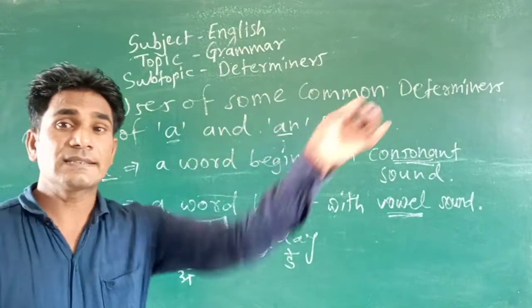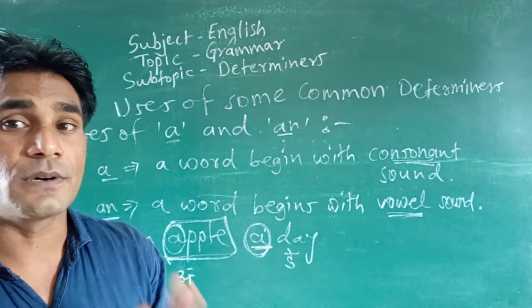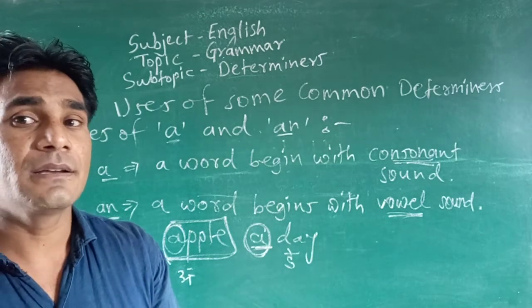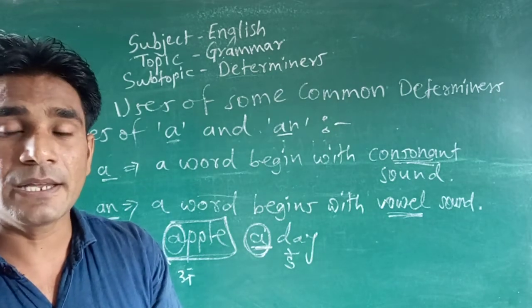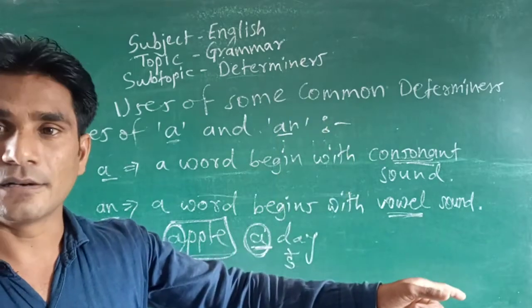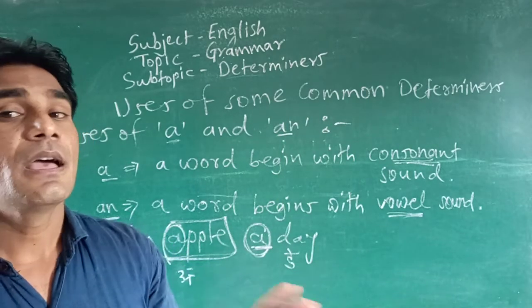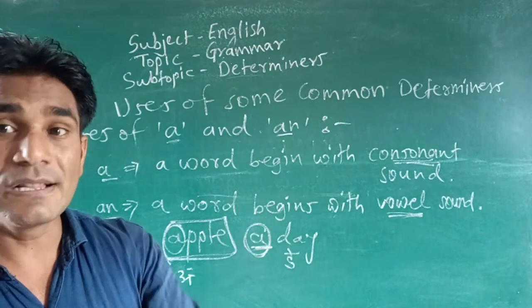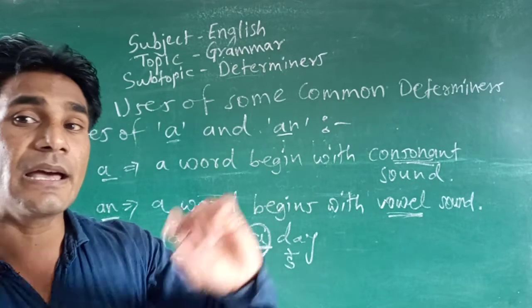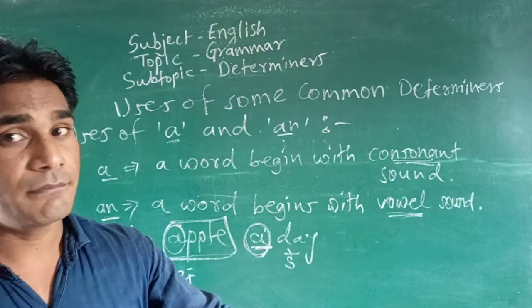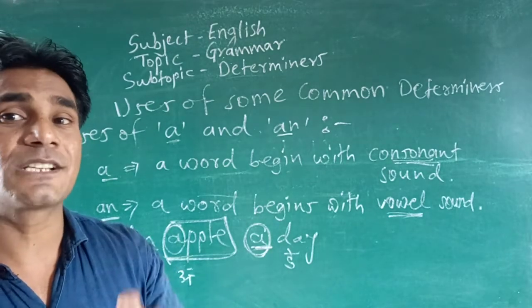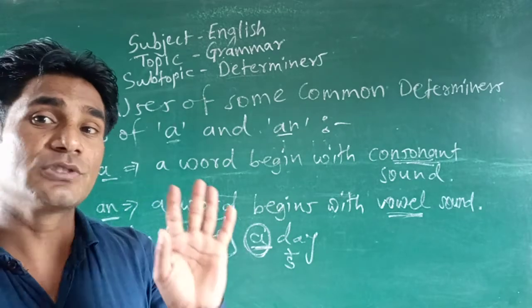So that is the difference between the use of a and an. A word having a consonant sound at the beginning will carry the article a. A word having a vowel sound at the beginning will carry the article an. So this is the difference between a and an, but the use is the same.